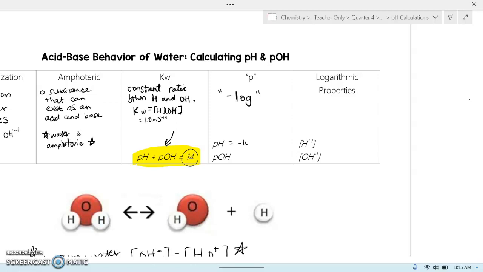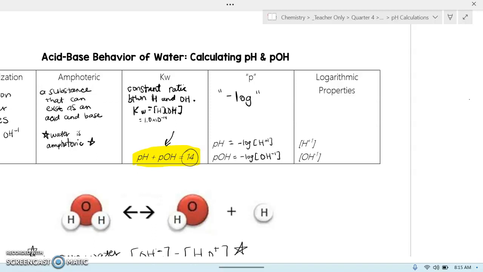So you would do negative log of however much hydrogen there is, and for pOH, you would do the negative log of your hydroxide concentration. So whatever's after the P, that's what you would type in after your negative log.